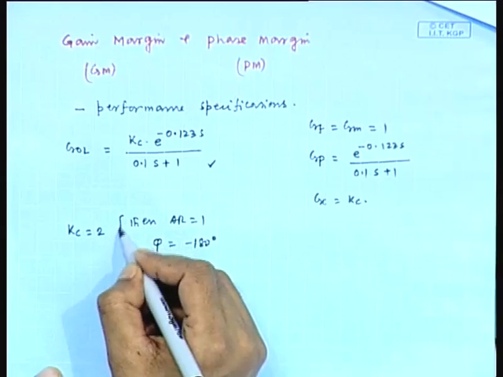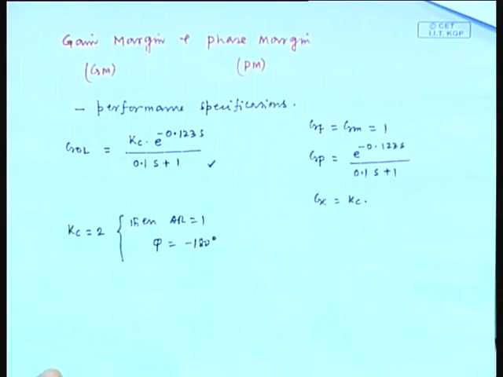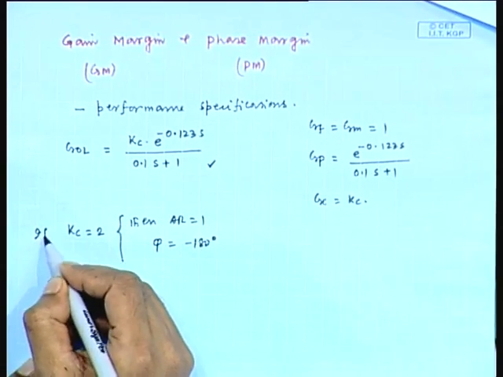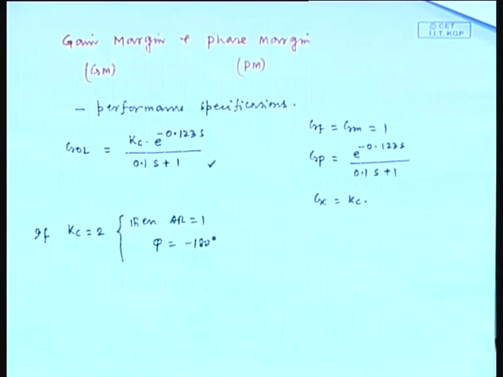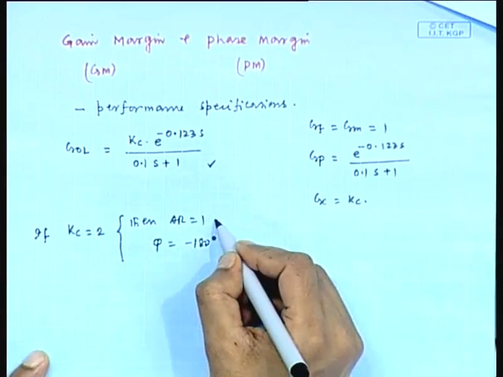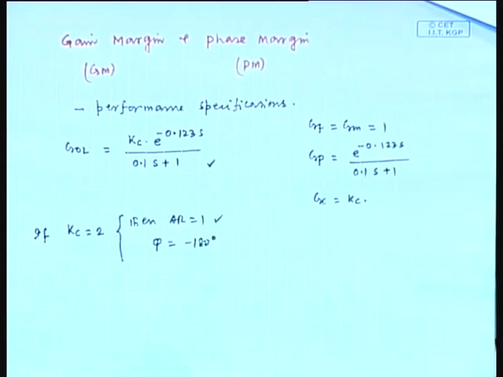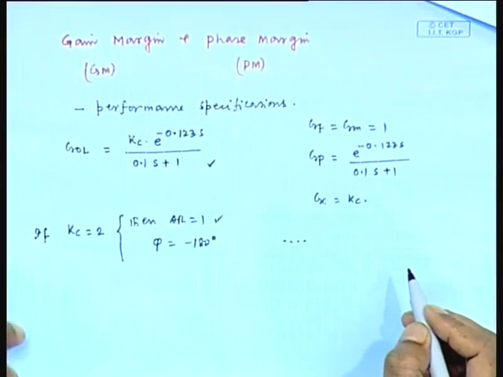We concluded this for this example earlier. If Kc is equal to 2, then amplitude ratio becomes 1 when phi equals minus 180 degree, and this corresponds to marginal stability.